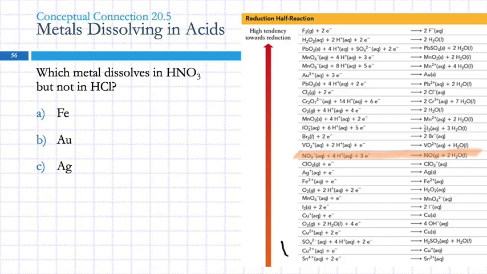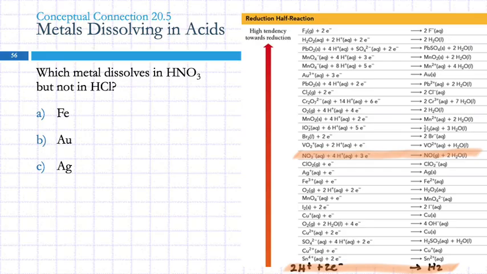And the reaction that happens with HCl is not shown here. That's what most acids do. Nitric acid, the nitrate can actually be reduced.